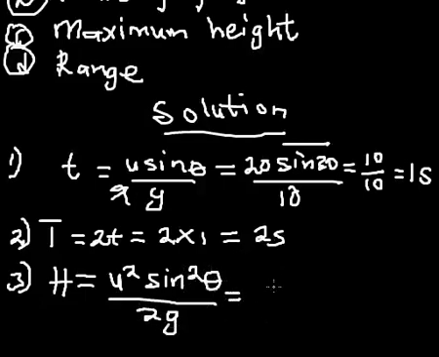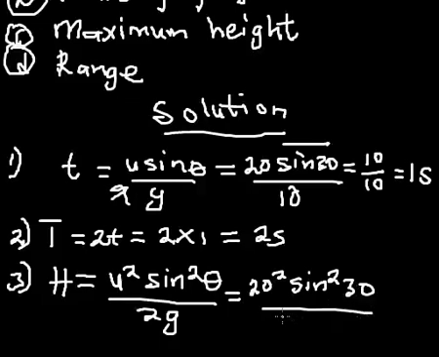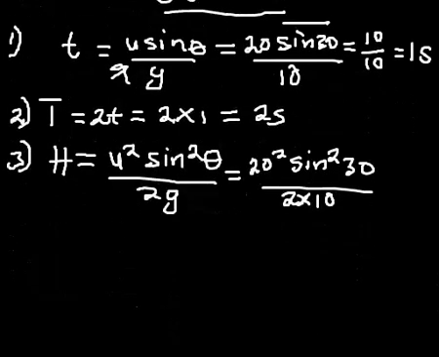Okay, so what is our u? Of course, that's 20, right? So this will be 20 square sin square 30 divided by 2 times 10.